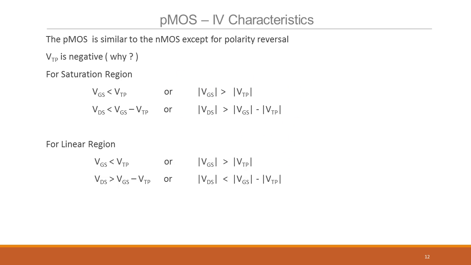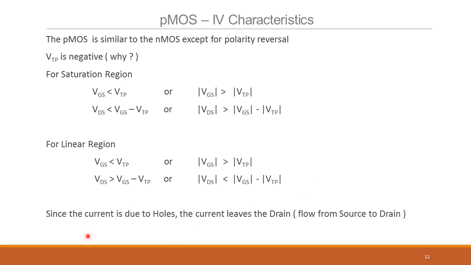Right? For linear region, VGS is less than VTP and mod of VDS is less than mod of VGS minus mod of VT. Right? So the current is due to holes. The current flows from source to drain. Everything is just reversed. So you might want to have a small discussion or just sit through and think about the current directions and the polarity of the voltages for a PMOS.